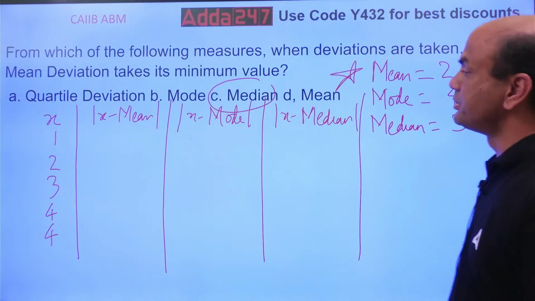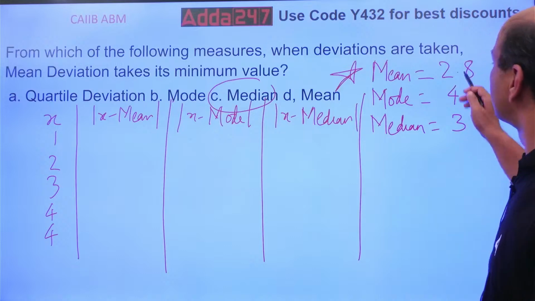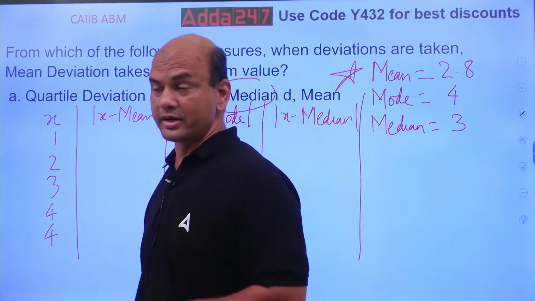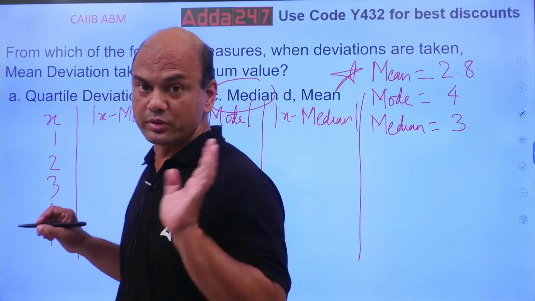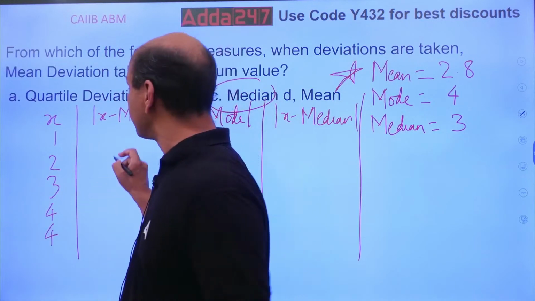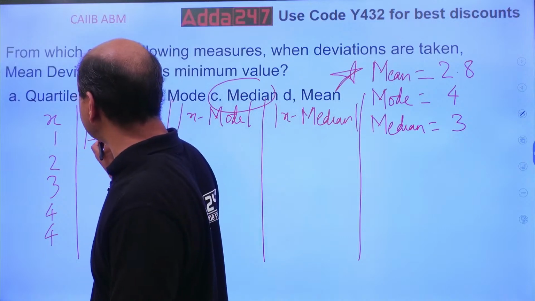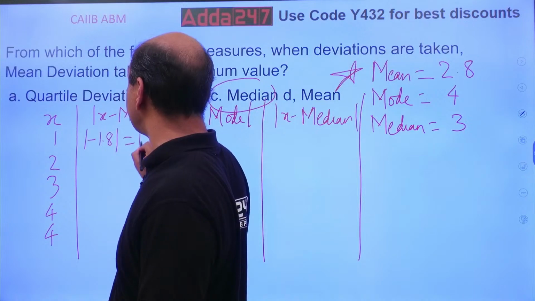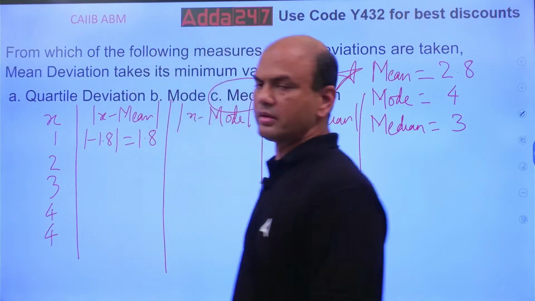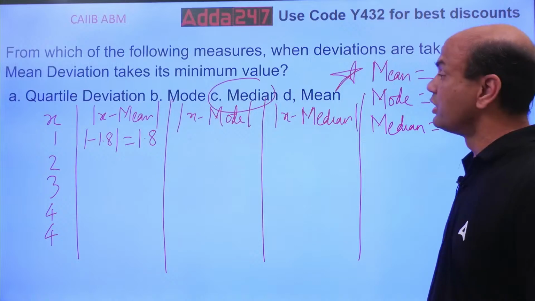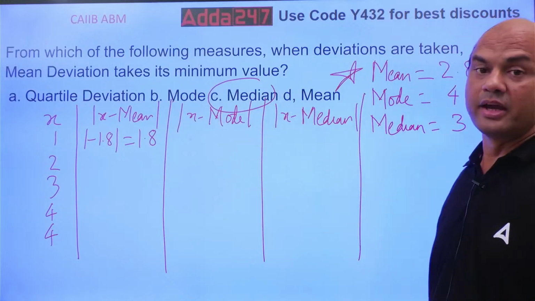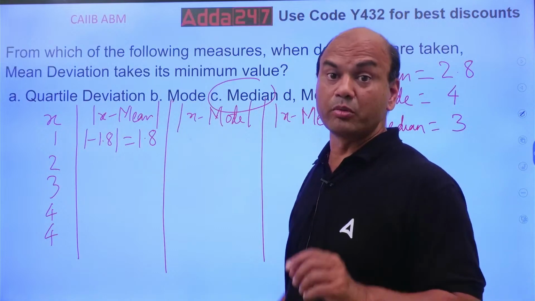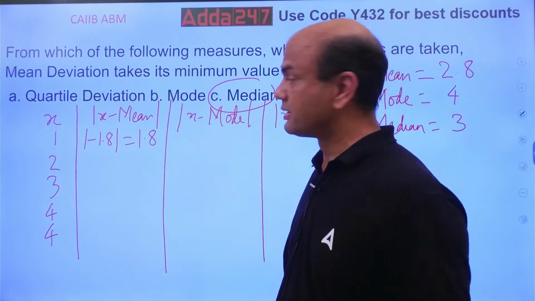So x minus mean, where the mean is 2.8. So 1 minus 2.8, and the modulus of that. First one I will show you, the rest we will write directly. 1 minus 2.8 is minus 1.8, and modulus means only positive sign, so 1.8.